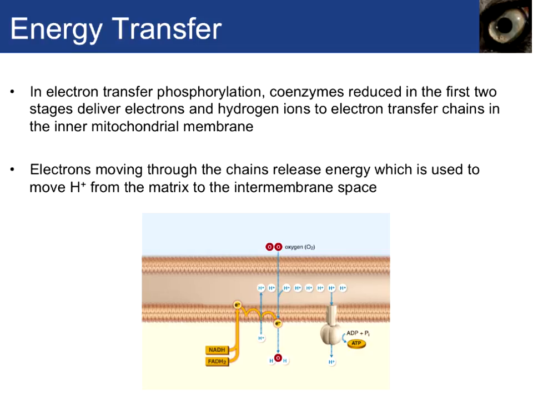So these electrons move through the chains and release energy. And again, the energy is used to force hydrogen against its concentration gradient so that you have a very high concentration of hydrogen in this internal membrane area.